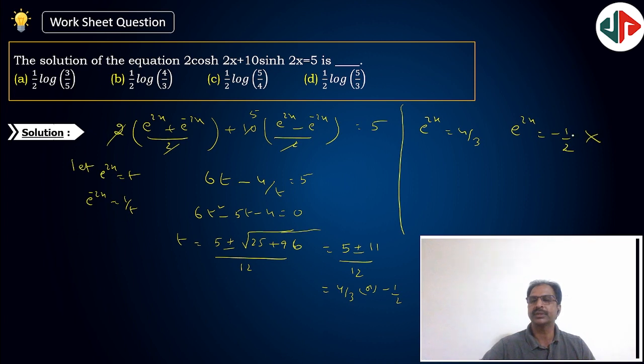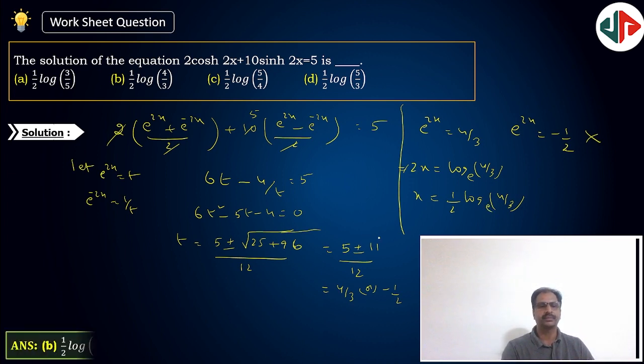So e power 2x cannot be negative. So from the definition of logarithm, what is 2x from this? Log of 4 by 3 base e. Therefore x is equal to half log 4 by 3 base e. So option B is correct.